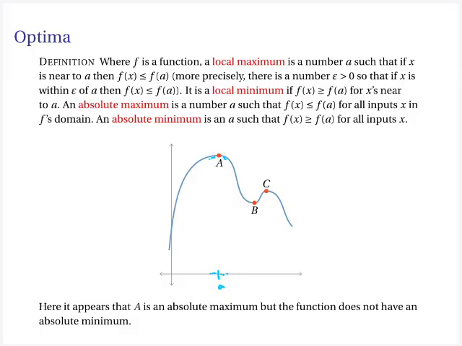All right, so that's a local maximum. Capital C also is a local maximum here, and capital B is a local minimum.